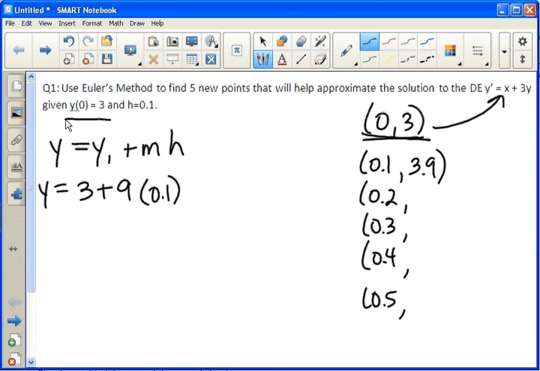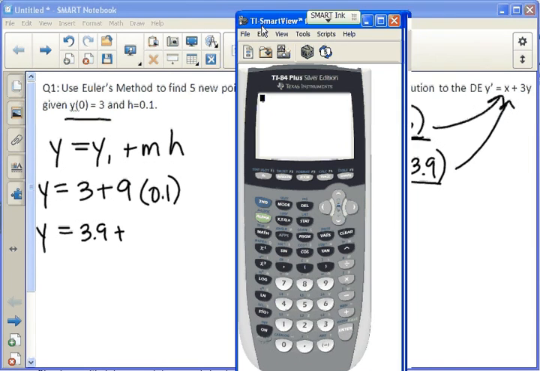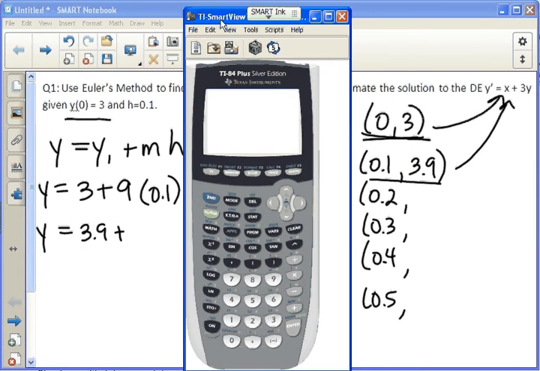Okay, next step, we plug in the new y value, which is 3.9, and we find the new slope. So now we take 0.1 and 3.9 and plug it in right there. So let's see what we get. 0.1 plus 3 times 3.9, and we get a slope of 11.8.